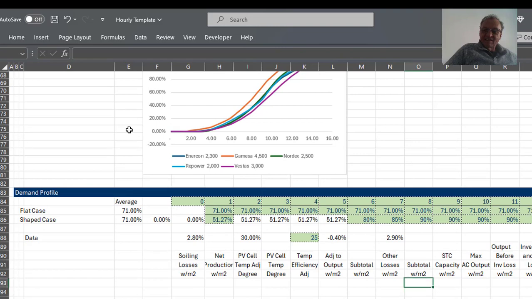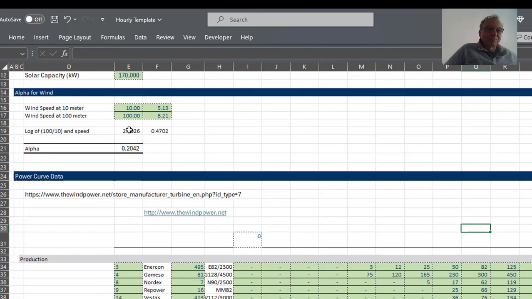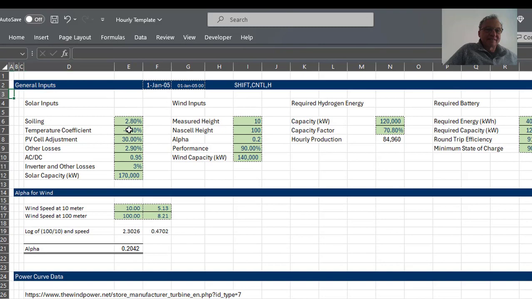And then we can get our capacity, excuse me, we can get our subtotal, and then we can see what our maximum AC output is, and did I put an AC to DC ratio here? Yes, I put one in, and I'll explain why I did this.